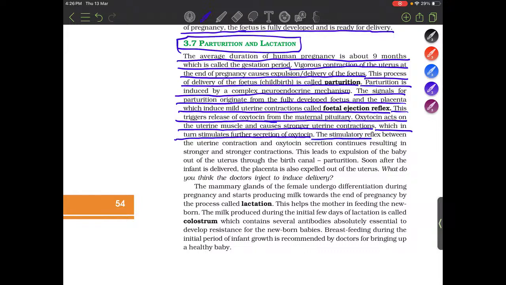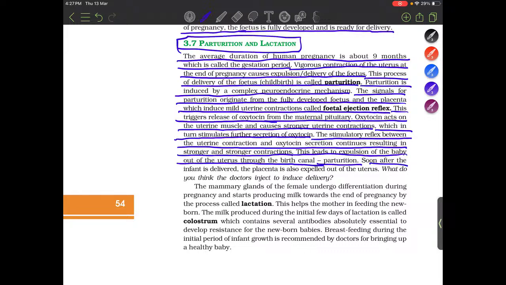The stimulatory reflex between uterine contraction and oxytocin secretion continues, resulting in stronger and stronger contractions. This leads to expulsion of the baby out of the uterus through the birth canal, parturition. Soon after the infant is delivered, the placenta is also expelled from the uterus.